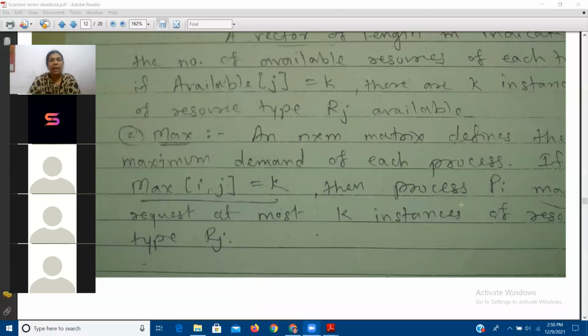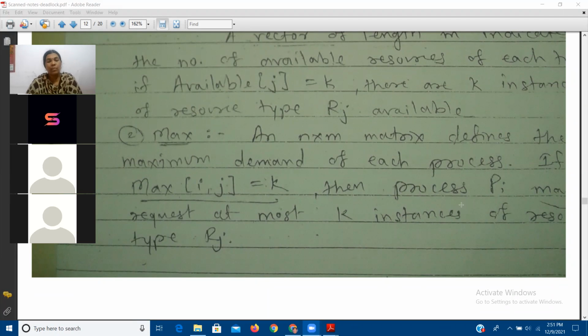Second data structure, Max of ij is equal to k, meaning a maximum of k instances of resource type j are required by process pi.